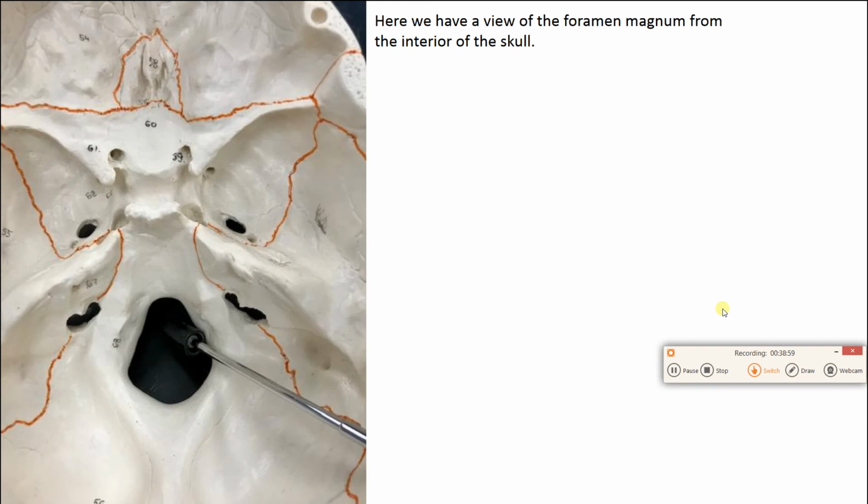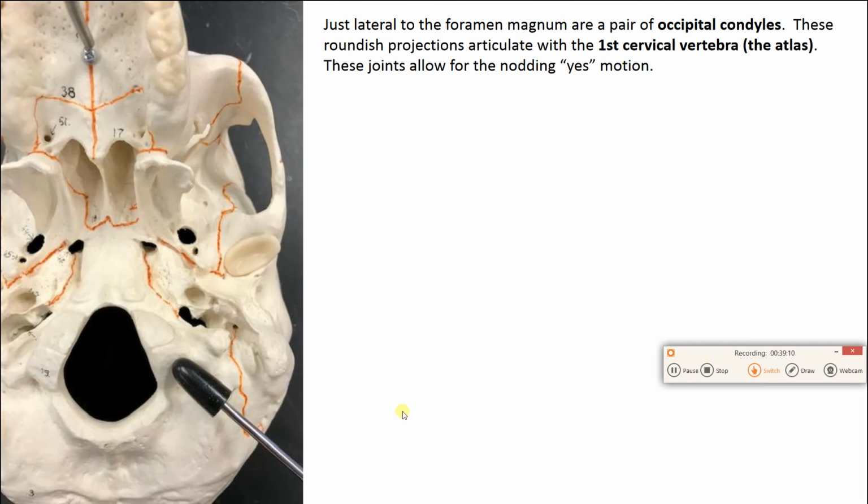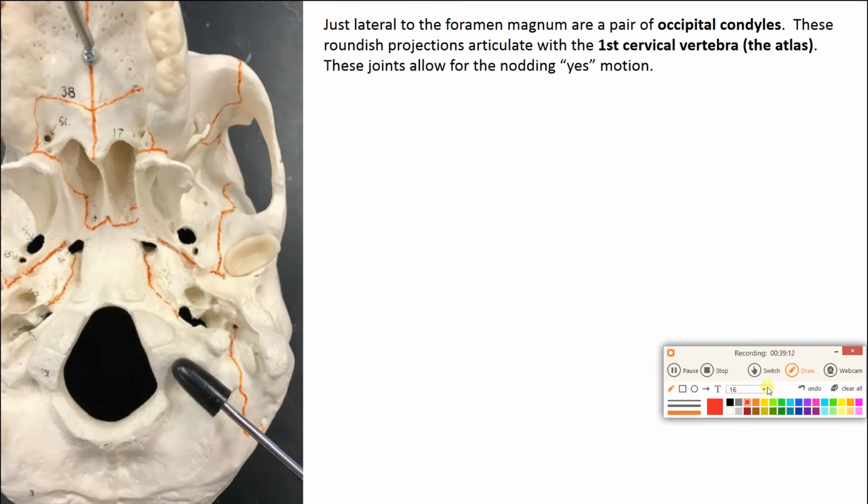Now, I switched it to the inside of the skull. We can see the foramen magnum from the inside as well. So we're looking at the inside of the cranial cavity here. If we jump to the side of the foramen magnum, there is a bump on each side. This bump on each side is called an occipital condyle.